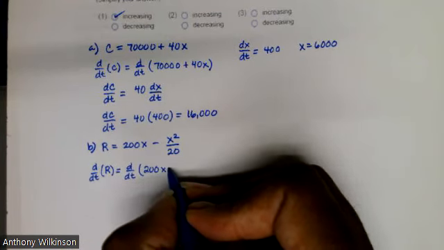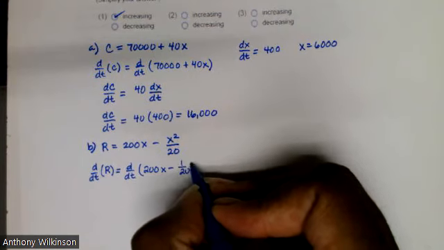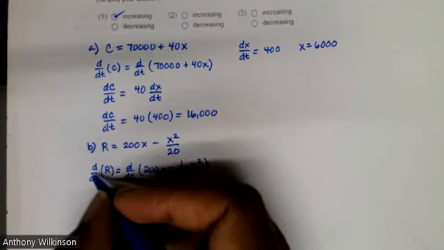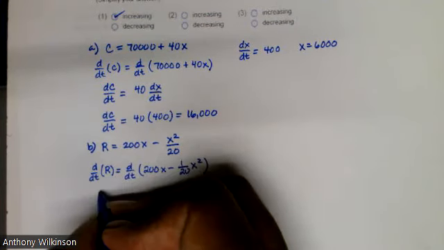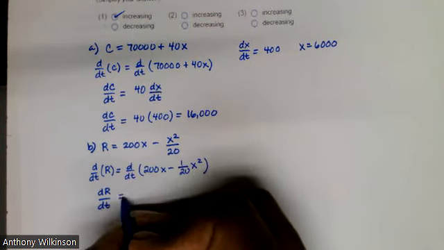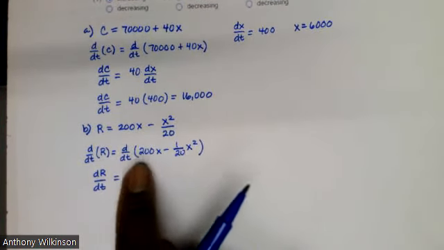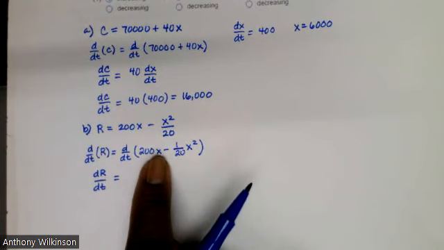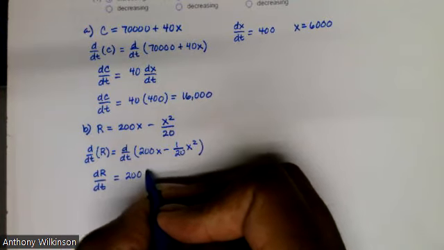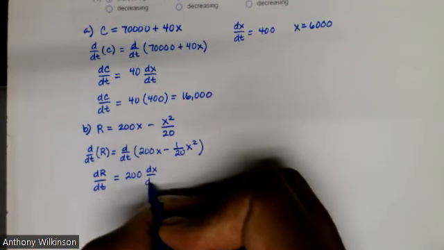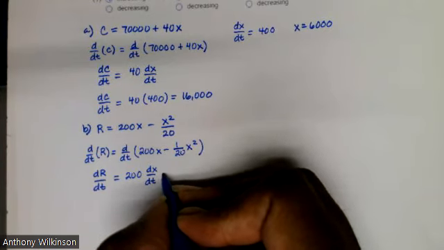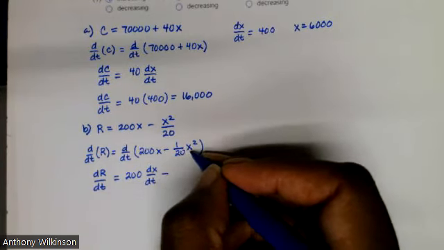For 200x minus, I'm going to write this as 1 over 20 x squared. So the derivative of R with respect to time would just be dR dt. That's equal to the derivative with respect to time of 200x will be just 200, but we must include dx dt, as x is being differentiated with respect to time, minus 1/20 times x squared.